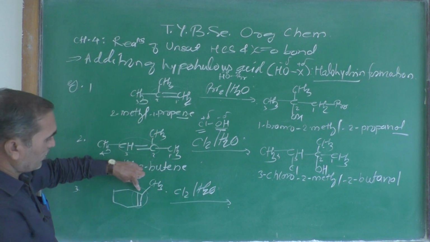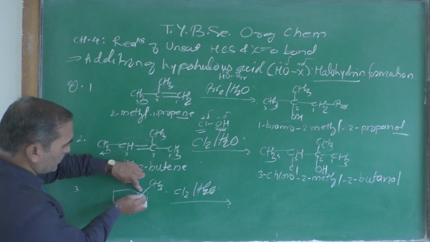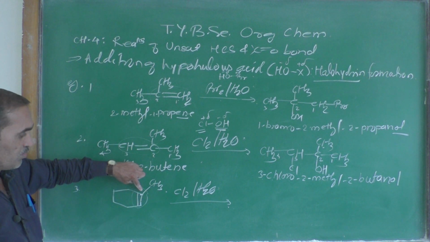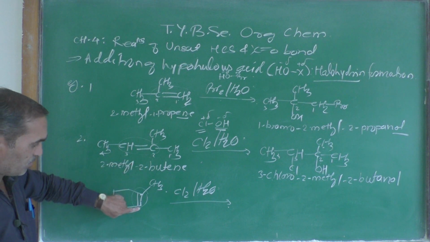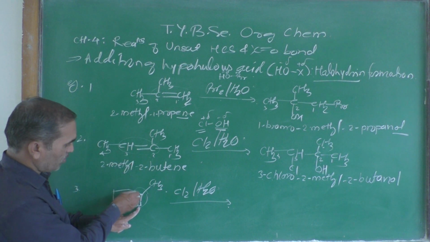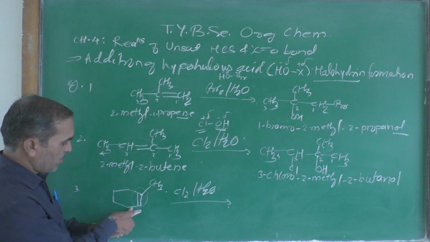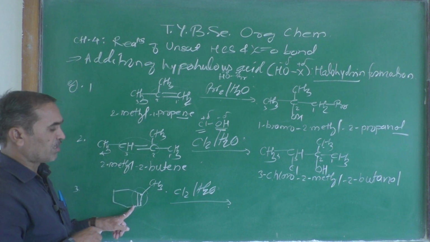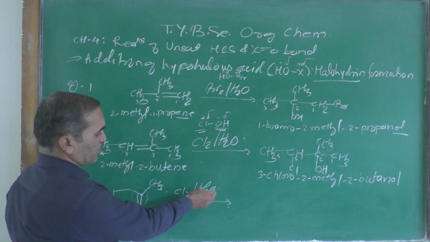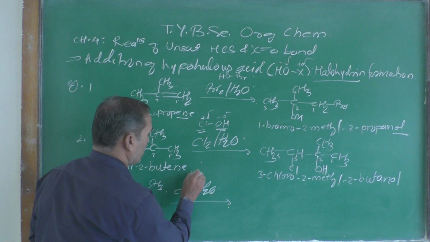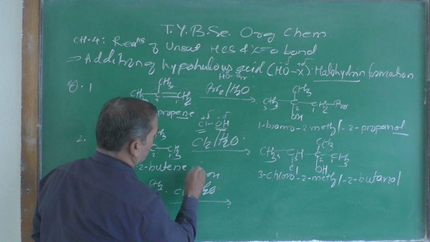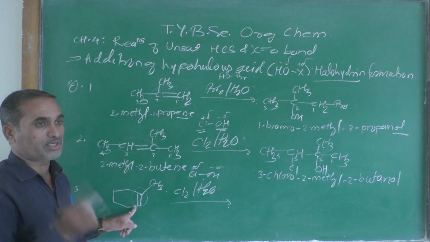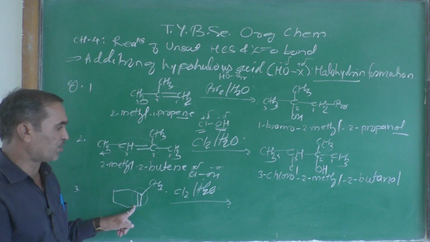Now look here, at this carbon atom, 1, 2, 3 and 4 bonds are there, and this carbon atom has 1, 2, 3, so there is one hydrogen atom. As we know, this Cl and OH have a plus delta charge and minus delta charge, and the reaction takes place according to Markovnikov's rule.